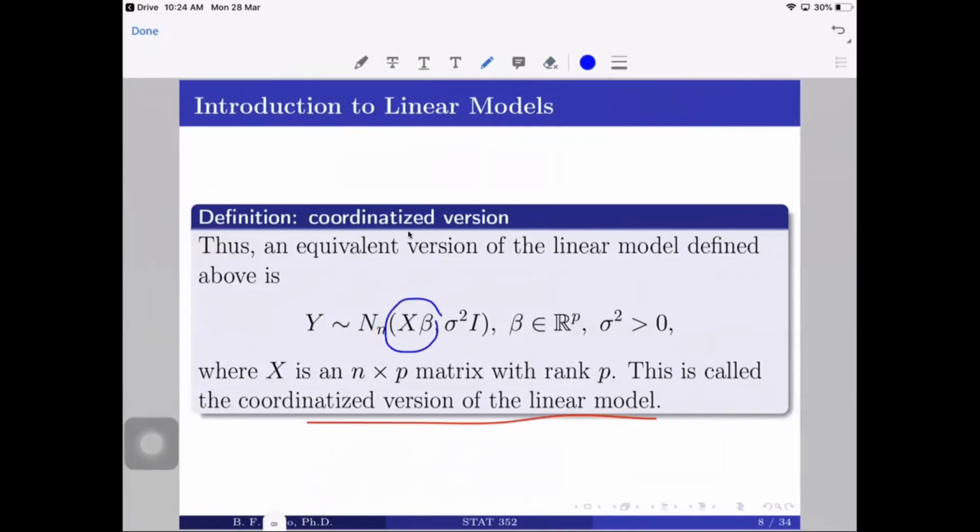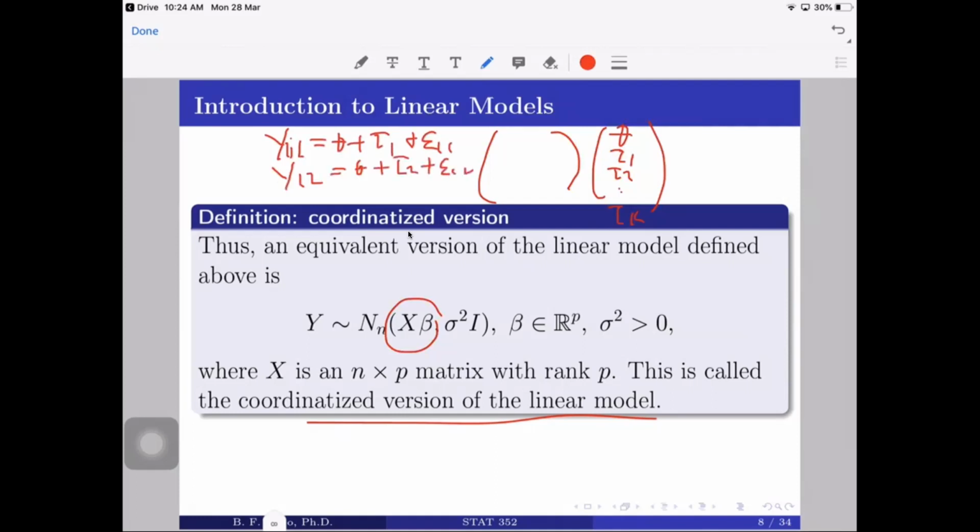Your mean vector there is X beta, with X there, and then beta, say tau 1, tau 2, to tau K. So you have a matrix for each model: y11 is tau 1 plus epsilon 11, and then the next, y12, will be tau 2 plus something like that. So what is your X matrix to get these models? That is the coordinatized version. It is somewhat difficult compared to coordinate free. In coordinate free, you just identify the subspace where your parameter belongs.